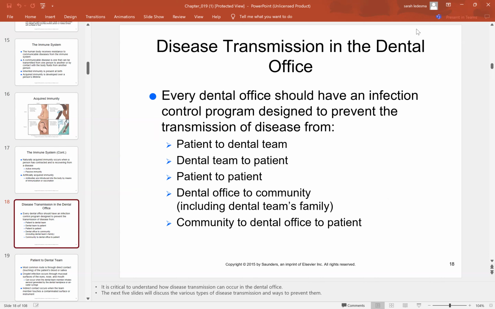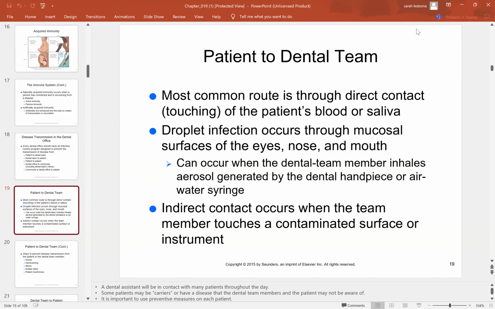Every dental office should have an infection control program designed to prevent the transmission of disease from patient to dental team, to patient to patient, dental office to community, and community to the dental office to the patient. Patient to dental team is the most common route, through direct contact, touching of the patient's blood or saliva.